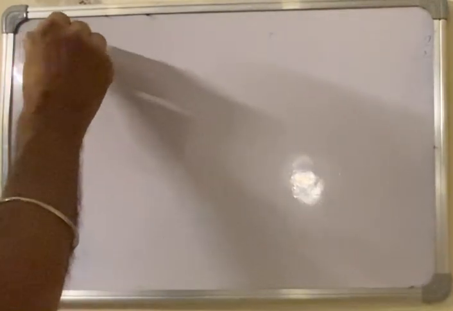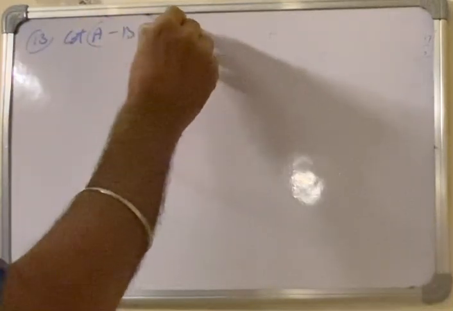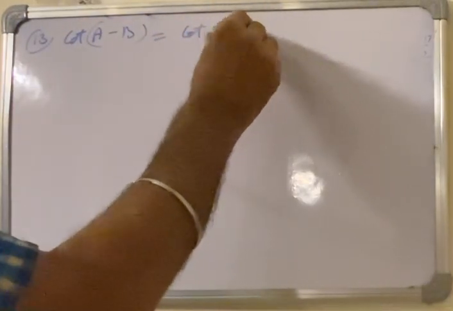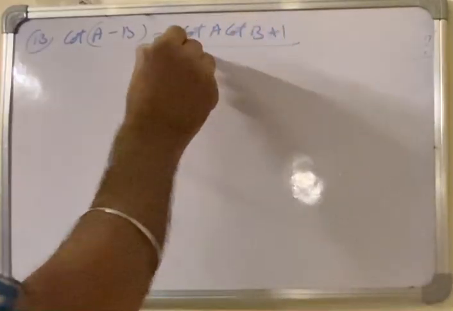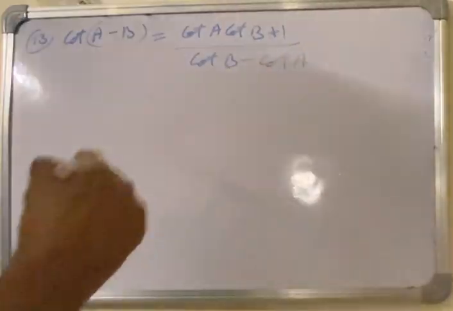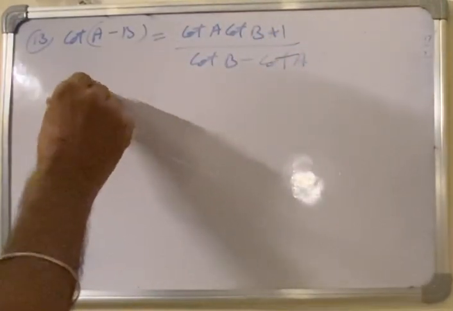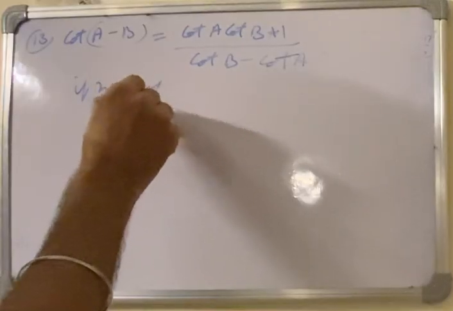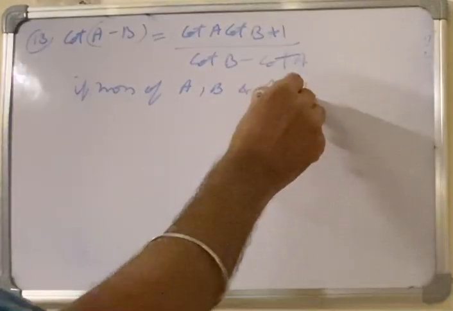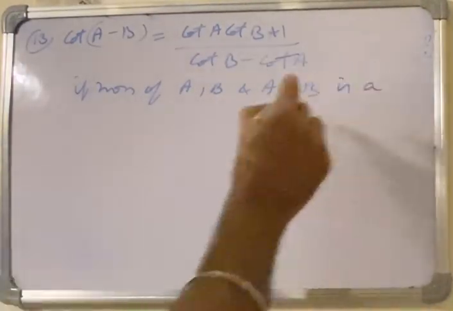Cot A minus B is equal to cot A cot B plus 1 over cot B minus cot A, if none of A, B and A minus B is a multiple of pi.